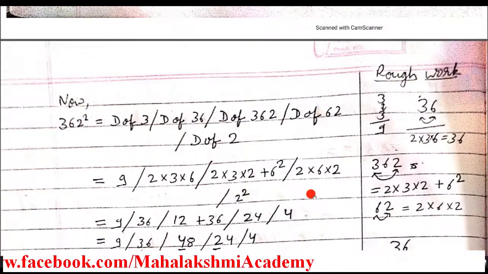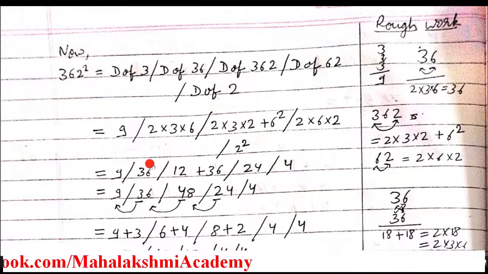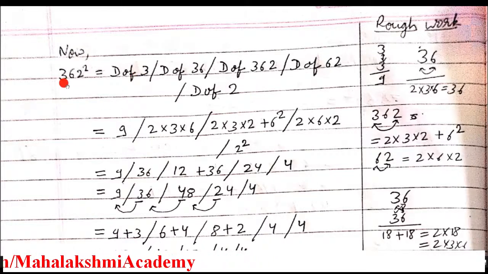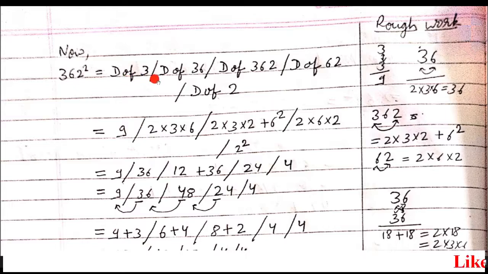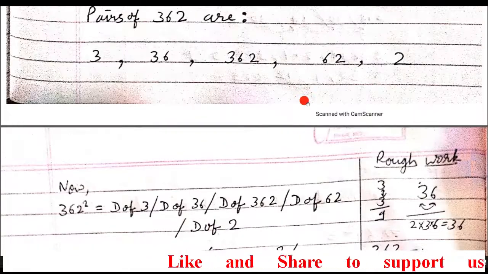In this method the format is going to be like this: 362 square, then D of 3, that is our first pair. D of 3 means dvandva of 3, then dvandva of 36, then D of 362, then D of 62 and D of 2. So this data we wrote from the pairs which we made here.